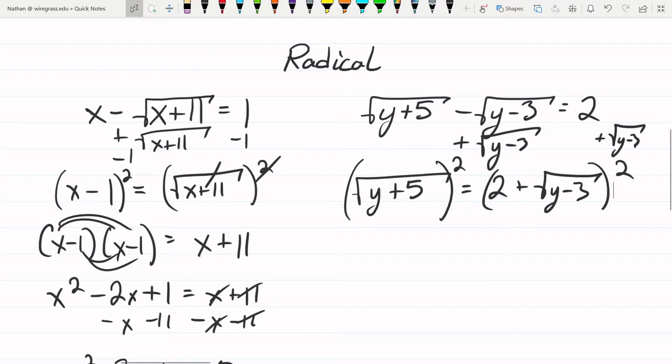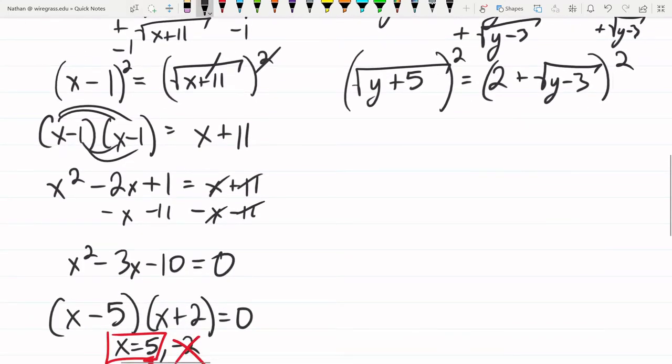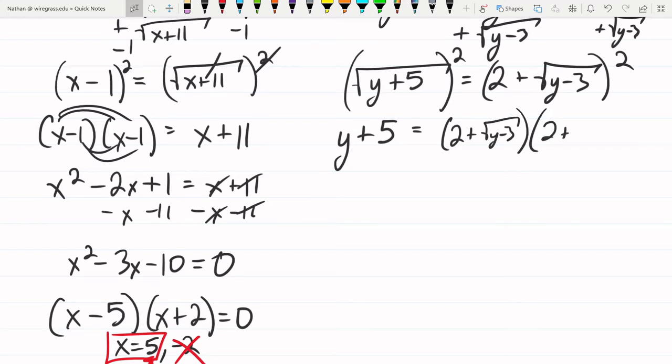That does mean that I have to square everything on the right-hand side, and I will have to FOIL that out. So it could be a little bit of work. On the left-hand side, we just have y plus 5. On the right-hand side, this is the same thing as 2 plus root y minus 3 times 2 plus root y minus 3. We can use the FOIL method there.